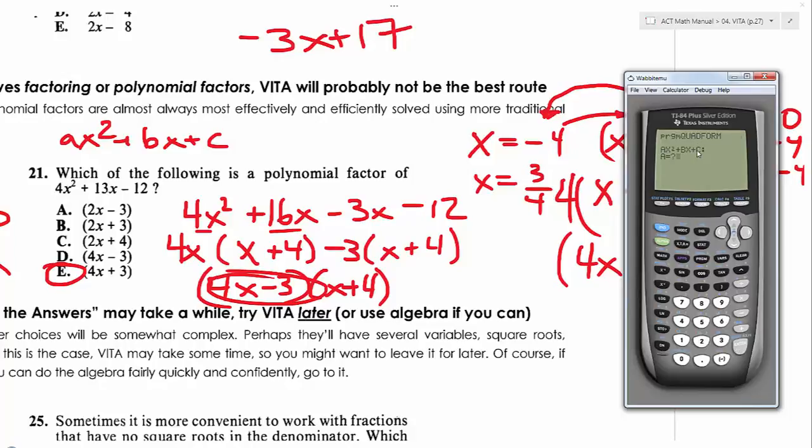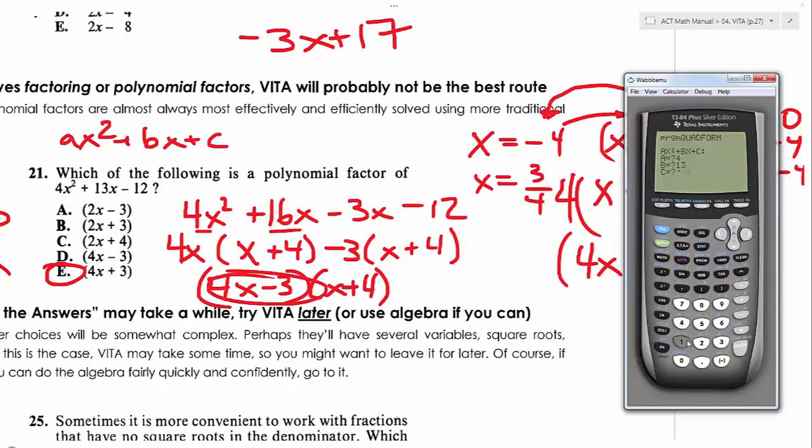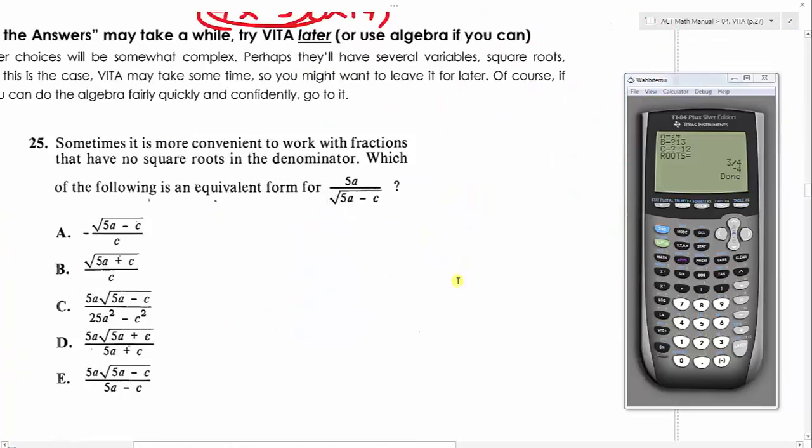Quad Form functions in pretty much the same way as the app that we just used, where we just punch in our coefficients, in this case again 4, 13, and -12, and Quad Form will produce our roots or our zeros for us. There are some limitations to Quad Form that the app we used does not have, but either one of those would work to produce zeros if you have a quadratic.